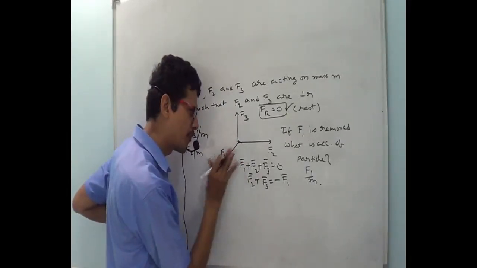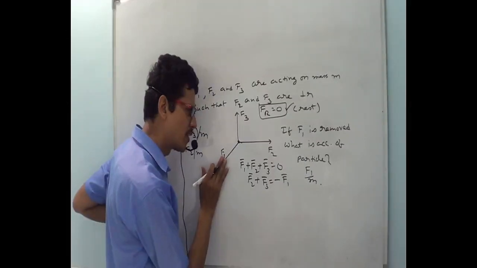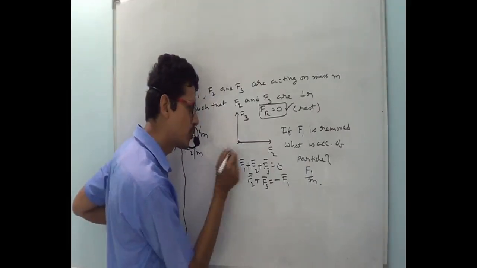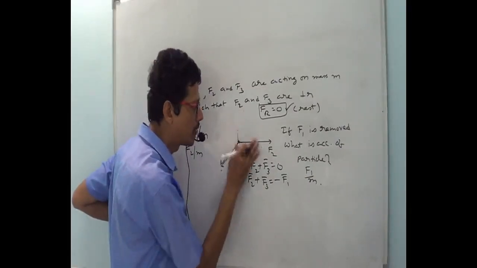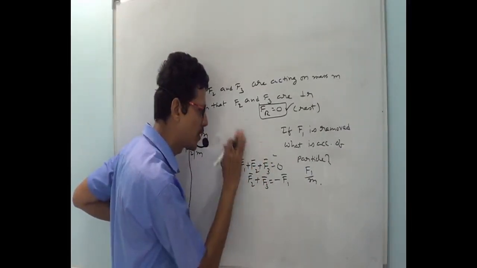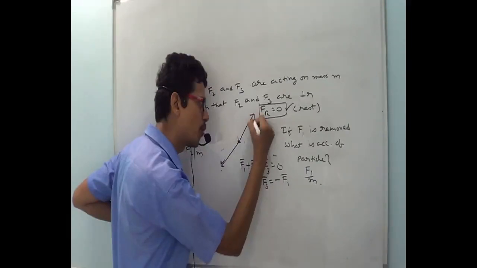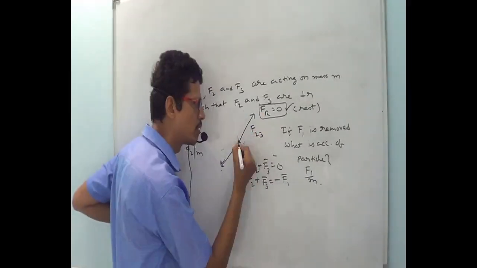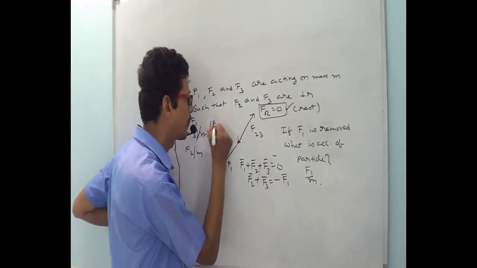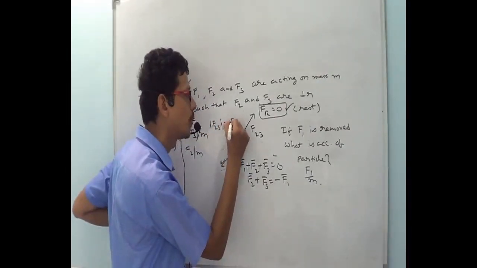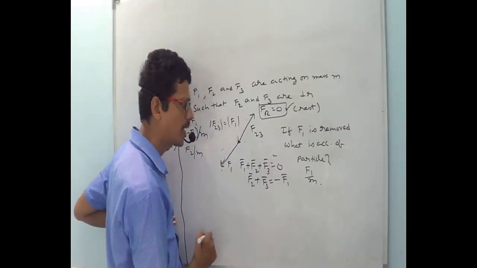Now what if F1 is removed? Then what is the resultant of these two? You know that the resultant of F2 and F3 should be equal to F1 and opposite to F1. The magnitude of F23 should be equal to magnitude of F1, then only it will be cancelled.